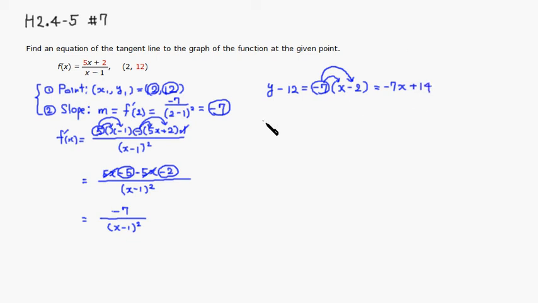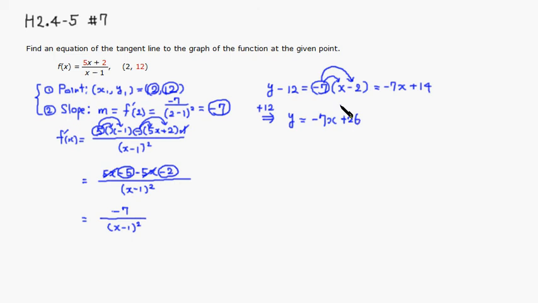Then, to isolate y, I need to get rid of this negative 12. We can do that by adding 12 to both sides. So you get y is equal to negative 7x, which is still there, then add 12 to 14, so it's going to be 26.